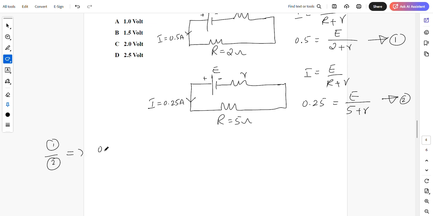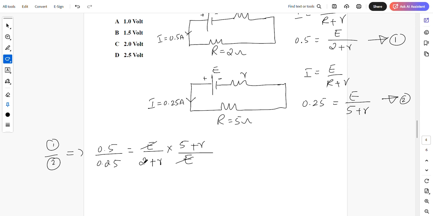1 by 2 gives 0.5 by 0.25 is equal to E divided by 2 plus r, into, this flips and comes up, 5 plus r divided by E. E gets cancelled.